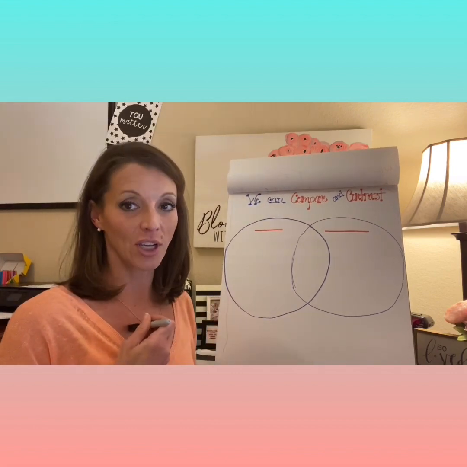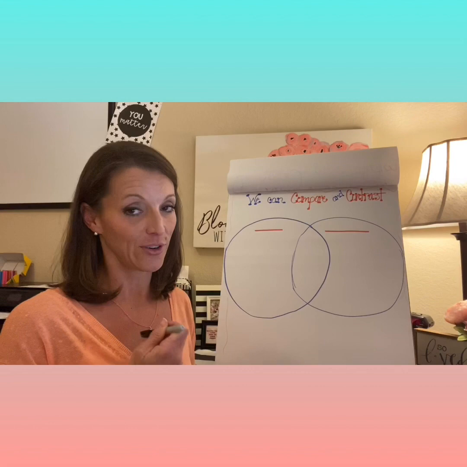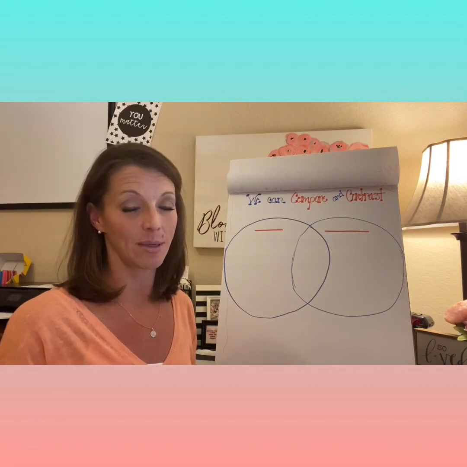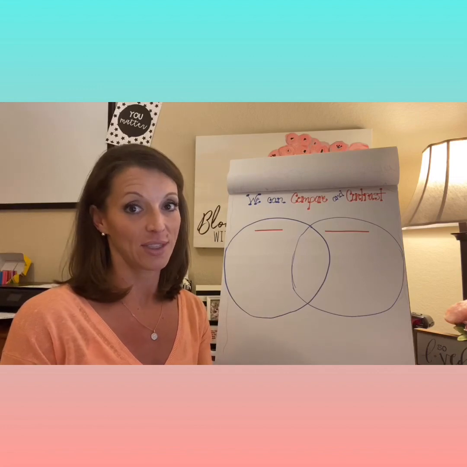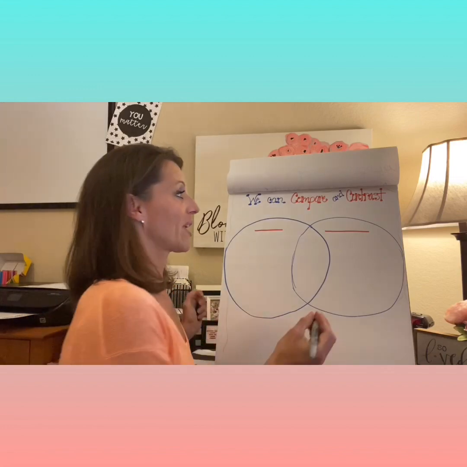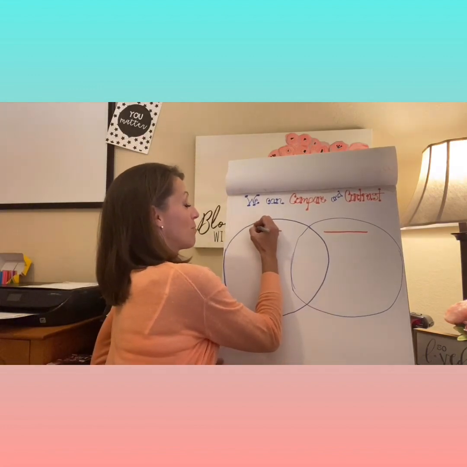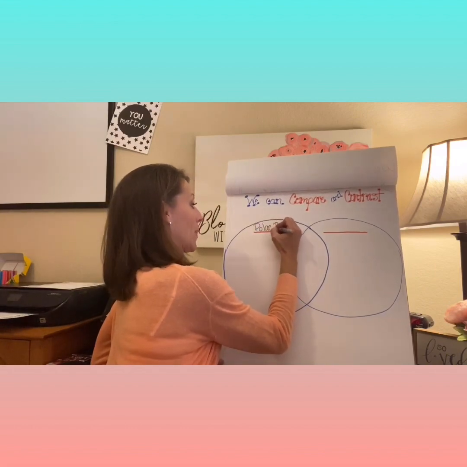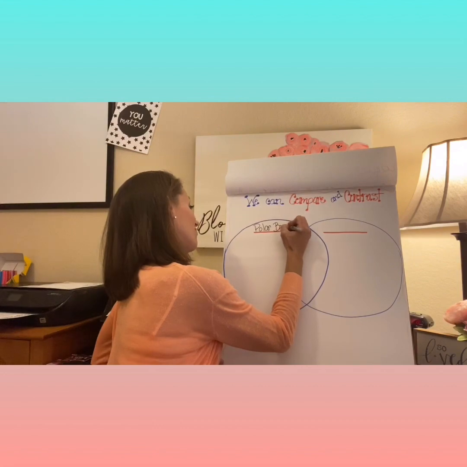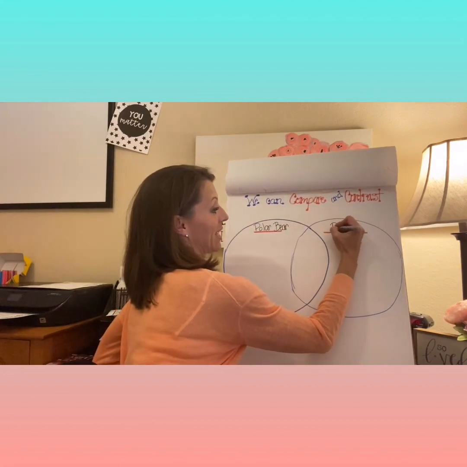So I'm going to give you an example using different animals, but you're going to pick two of the four animals that we learned about this week. So I'm going to show you my example. I'm going to use a polar bear and a penguin.